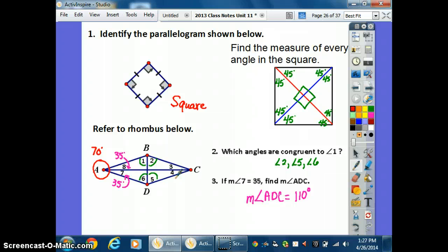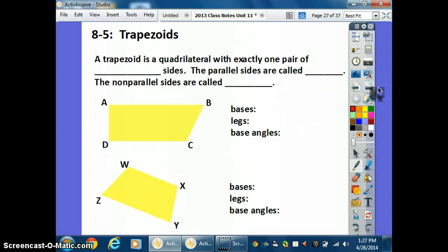Okay, let's go on to trapezoids. Now a little refresher on the vocabulary. A trapezoid is a quadrilateral with exactly one pair of parallel sides. And the parallel sides are called bases.